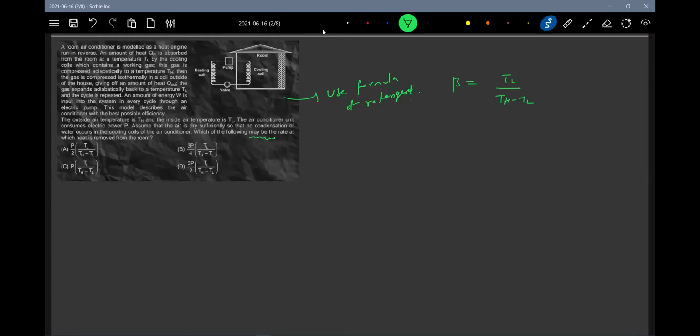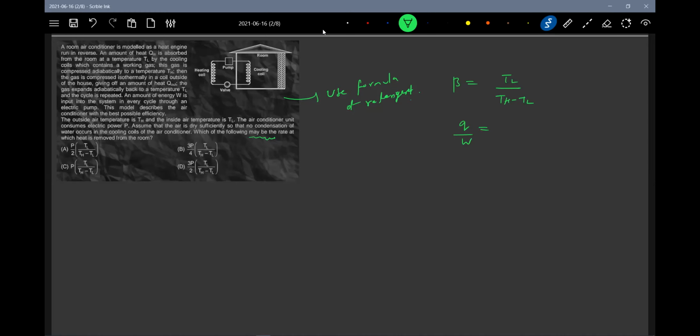How do you define the coefficient of performance? Heat extracted by the work done. How much of it is extracted from the cold body? For that, what is the amount of work that has to be done? So this is TL by TH minus TL.